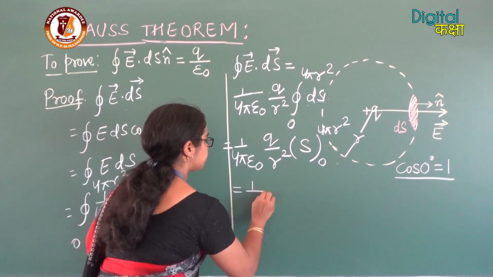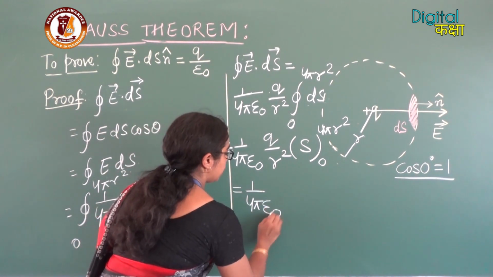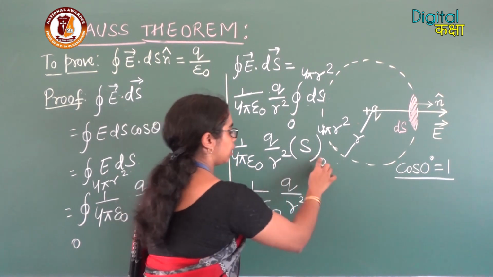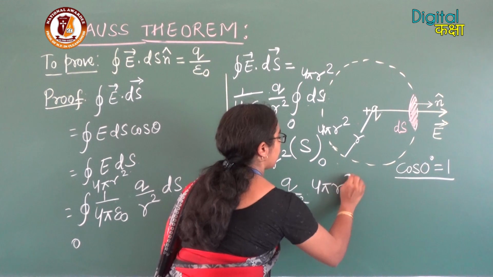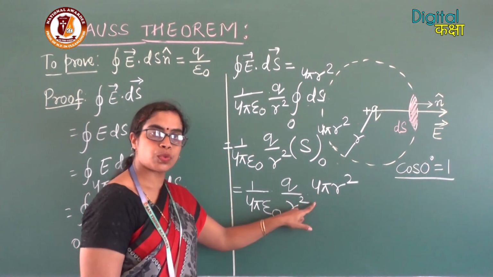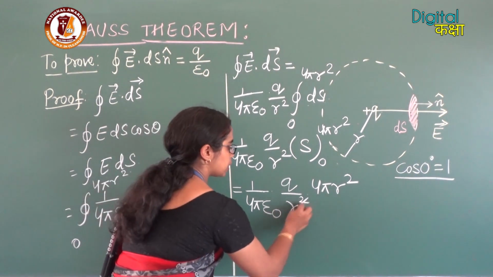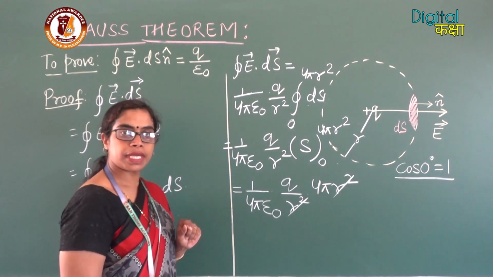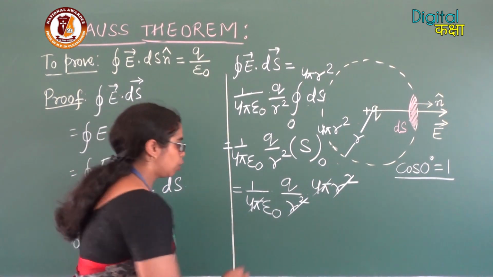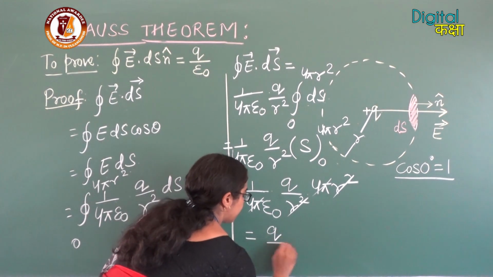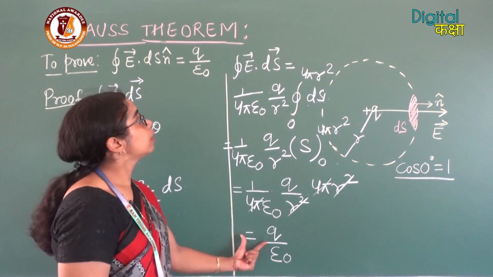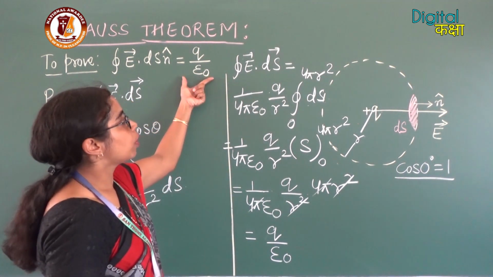Solving it further, I will get 1 upon 4 pi epsilon naught q upon r square into 4 pi r square minus 0, which will give us 4 pi r square. In this case, r square and r square will be cancelled out, and 4 pi and 4 pi are also cancelled out. So we are left with the expression q upon epsilon naught, which is the required value for the RHS.